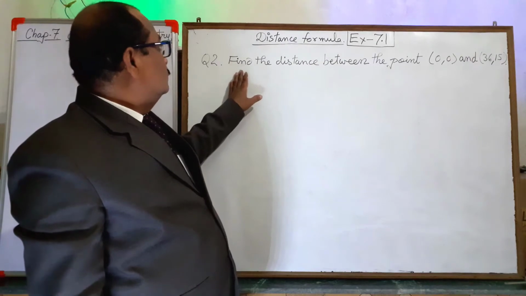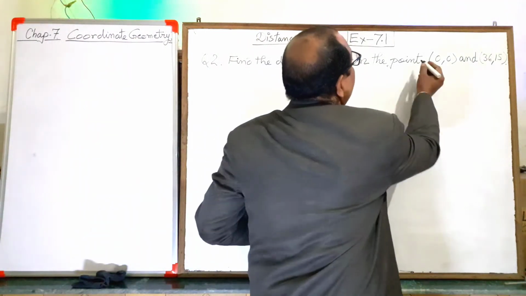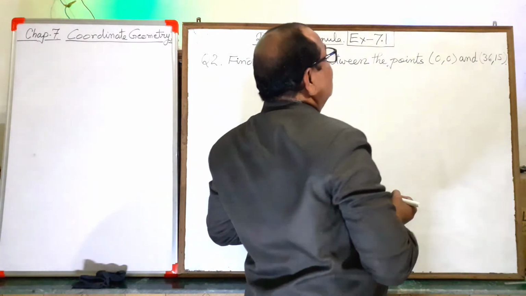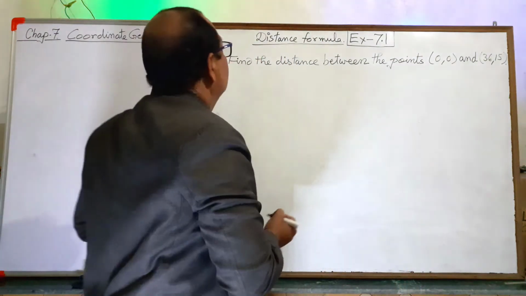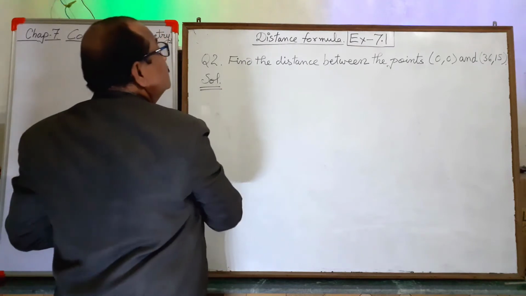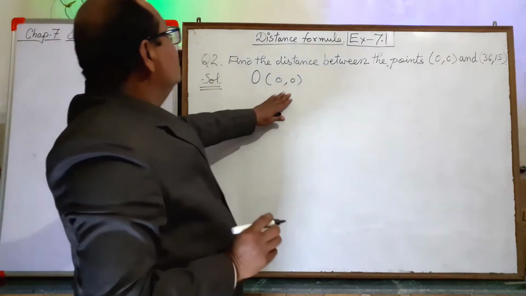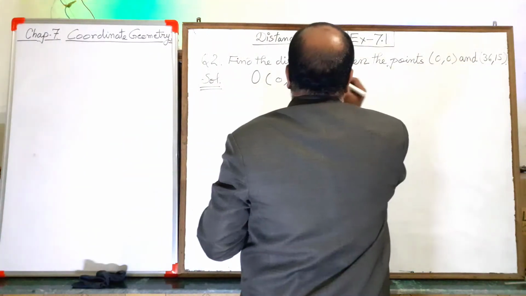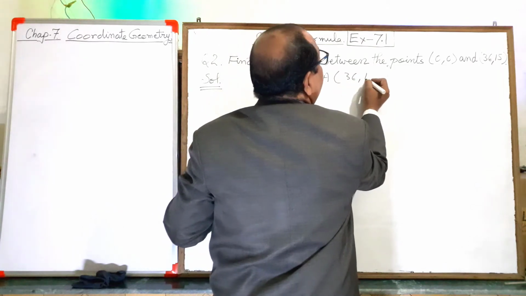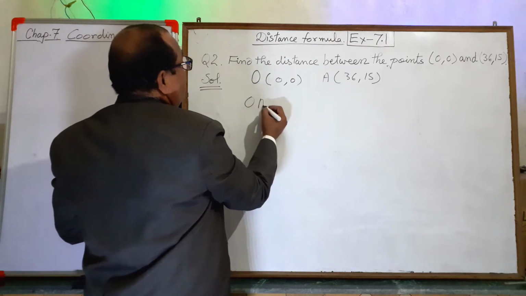Question number 2. Find the distance between the points (0, 0), meaning the origin, and (36, 15). In the same manner we will solve this question. So this is O, the origin (0, 0), and suppose another point A is given as (36, 15). We want to find the distance OA.